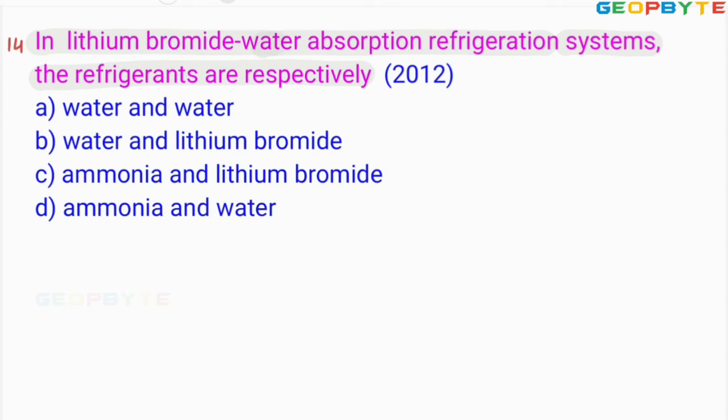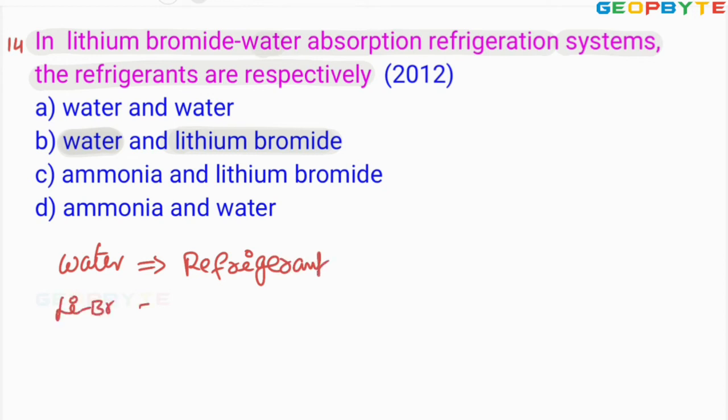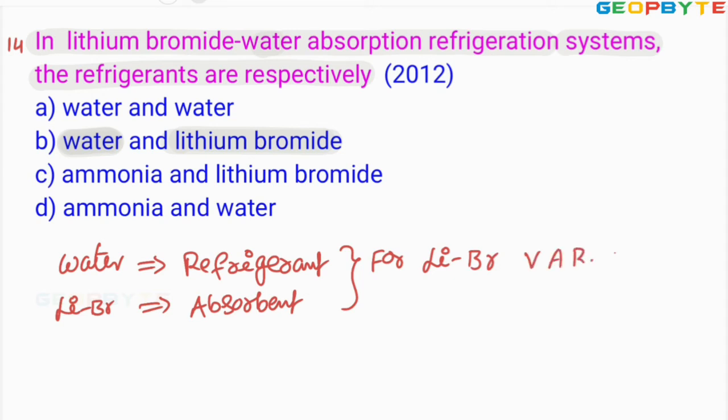Dear friends, remember, in lithium bromide vapor absorption system, water is used as refrigerant, and lithium bromide is used as absorbent for lithium bromide vapor absorption refrigeration system.